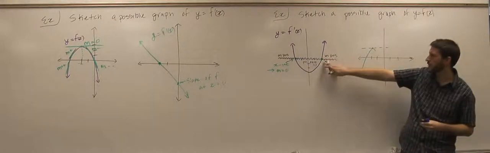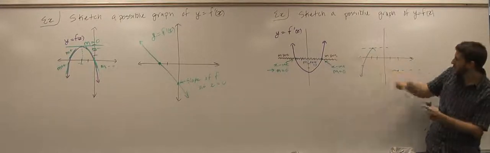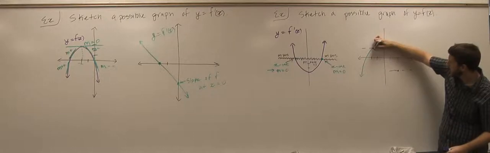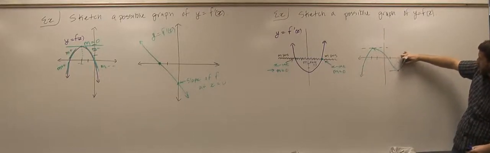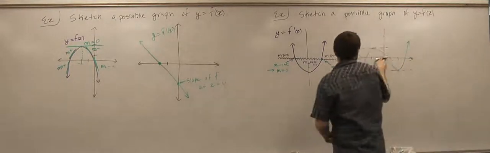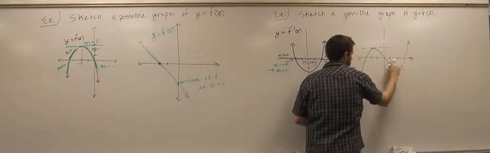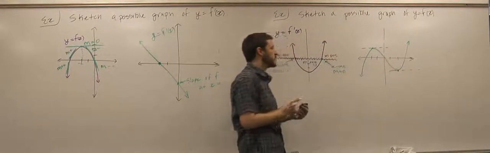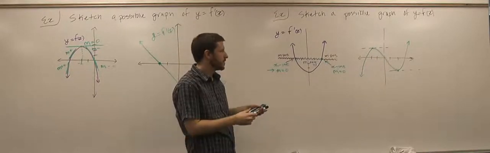The next time I turn around again is at +2, not -2. Let's make it very symmetric. My slope is negative in this interval, and it keeps going negative until it gets here, and then it turns back around. It becomes positive. So this is a possible original function for this derivative.